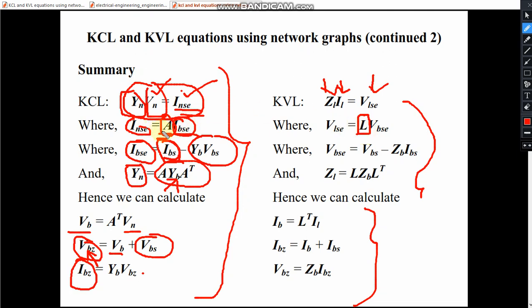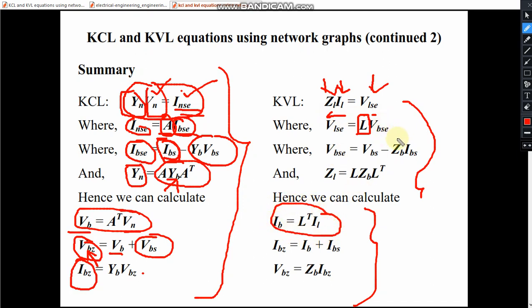Here this A is used to convert the quantities related to nodes to the quantities related to branches, and vice versa. And this L is used to convert the quantities related to branches to the quantities related to loops, and vice versa.